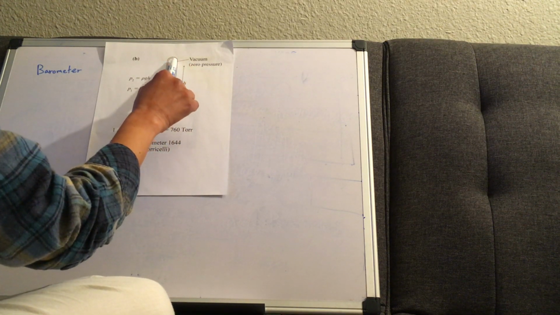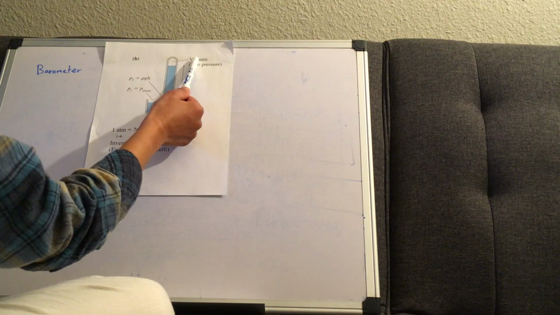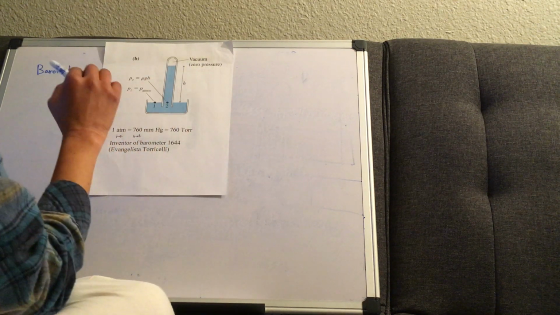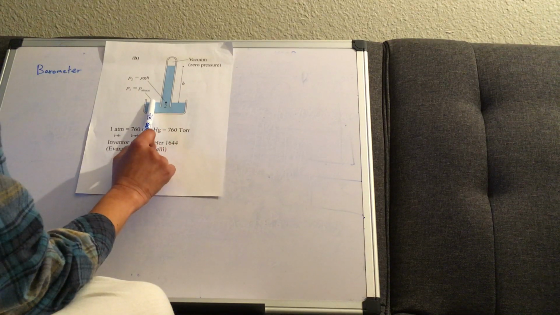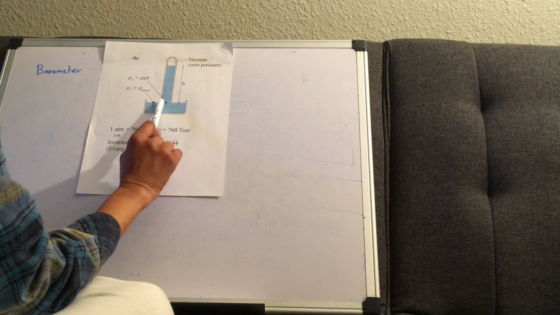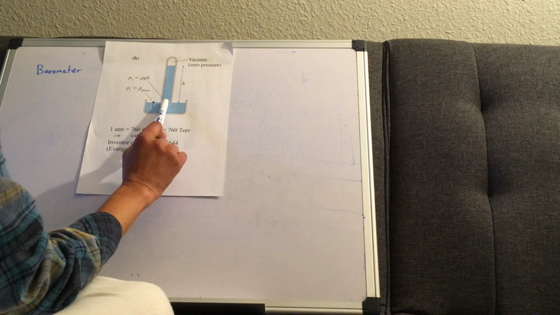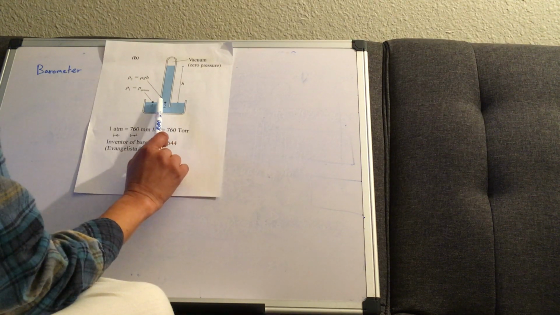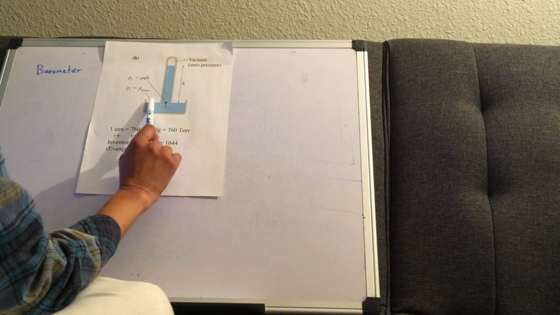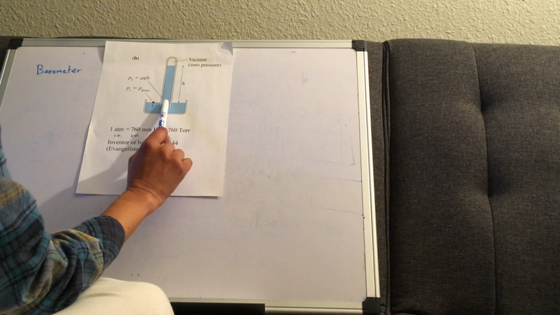If it's vacuum, it means pressure is 0. Now let's assume 2 points here, point 1 here, and then point 2, which is inside this tube, but at the same horizontal line, or same height.